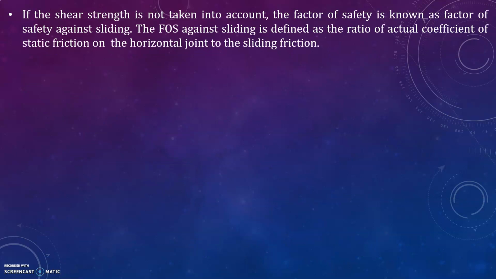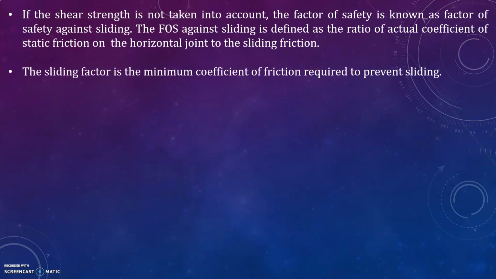If the shear strength is not taken into account, the factor of safety is known as factor of safety against sliding. The factor of safety against sliding is defined as the ratio of actual coefficient of static friction on the horizontal joint to the sliding friction. The sliding factor is the minimum coefficient of friction required to prevent sliding.